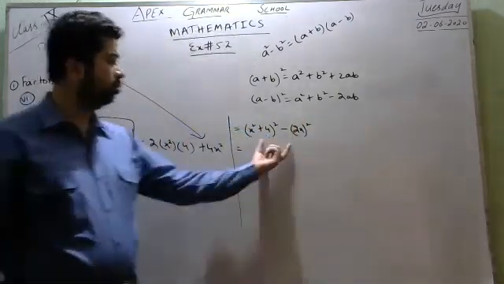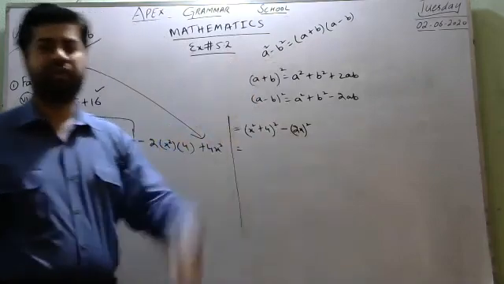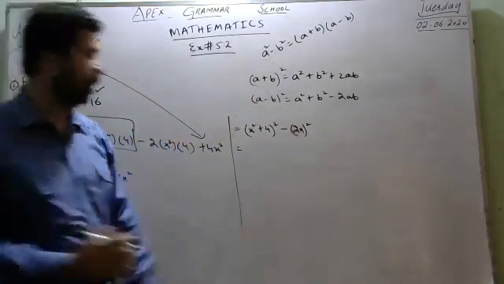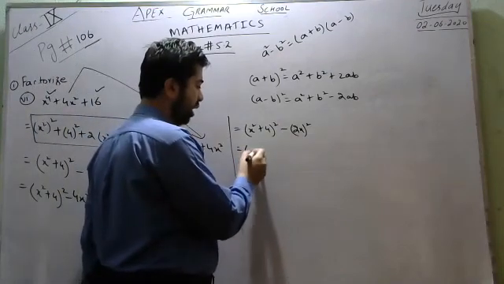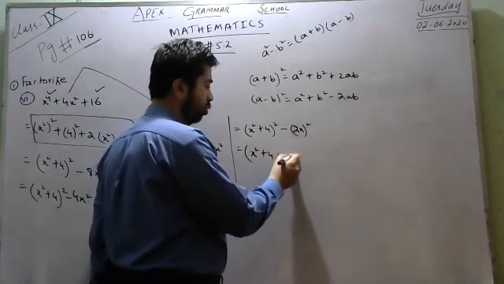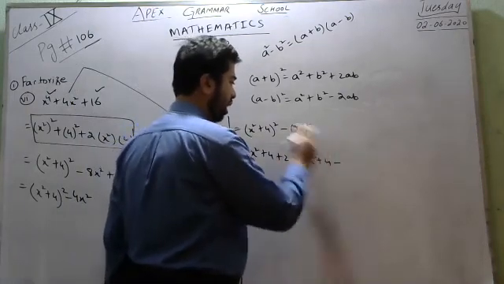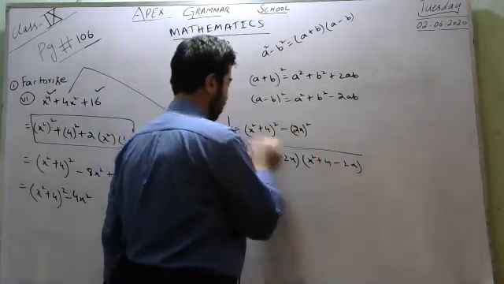Now this becomes an a² − b² type factorization, so you can write it in the form (a + b)(a − b). So the value is (x² + 2x + 4) and then (x² − 2x + 4), and that's it.